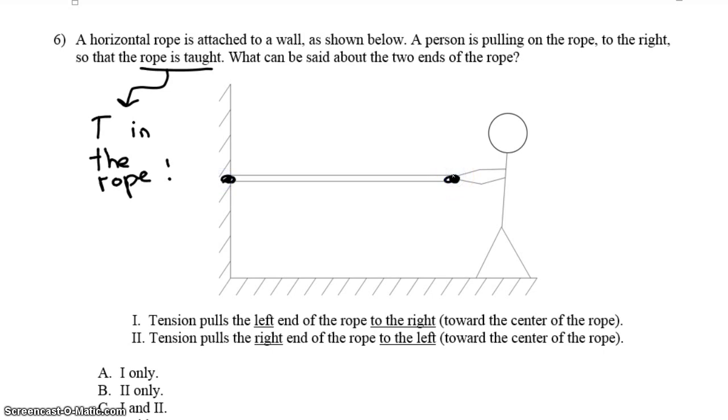The person is pulling to the right, which means the rope is taut, there's tension, and that means this end wants to get pulled back to the middle. And let me draw those forces as equal. So the person is pulling, which means this end on the right side resists the stretch, it wants to be pulled back to the left.